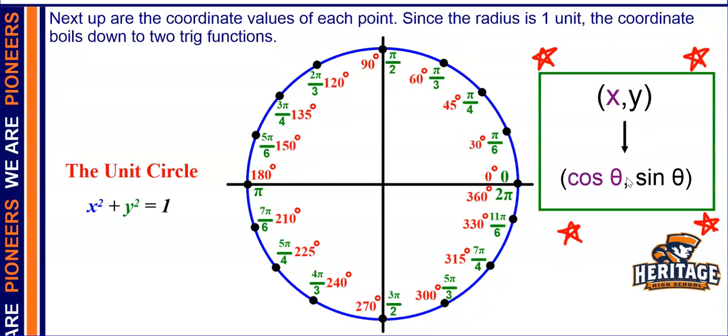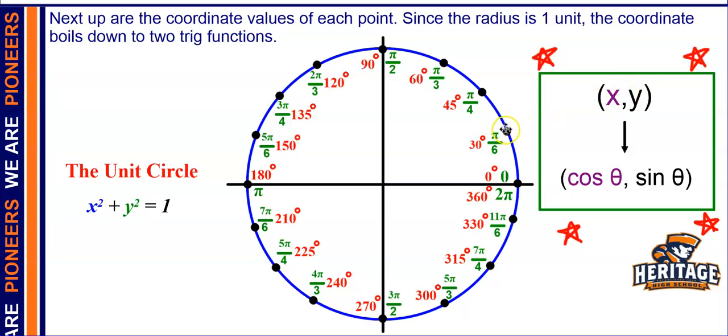Next up are the coordinate values of each point. Since the radius is 1 unit, the coordinate can be boiled down to 2 specific trig functions. So this little boxed up part right here on the side is going to be very crucial to remember for what we're going to do for the rest of this video.